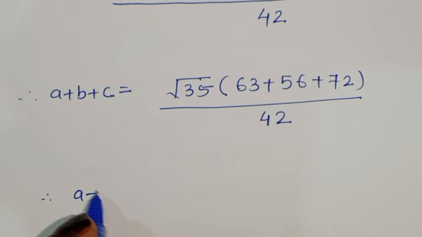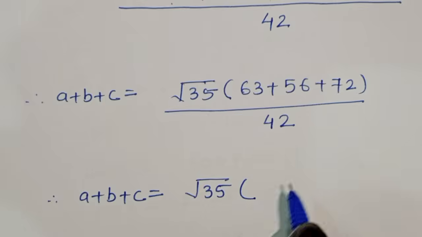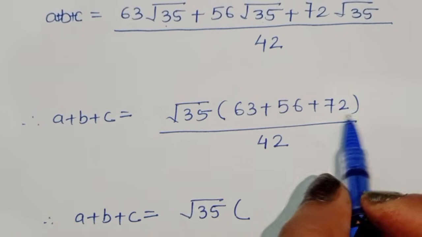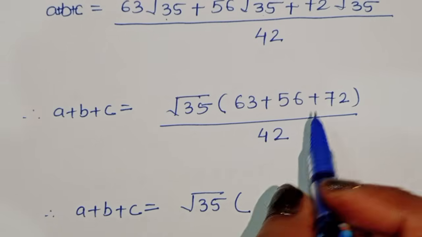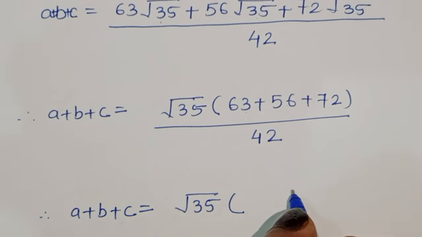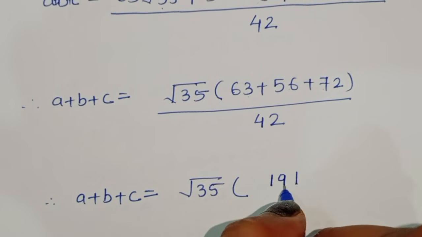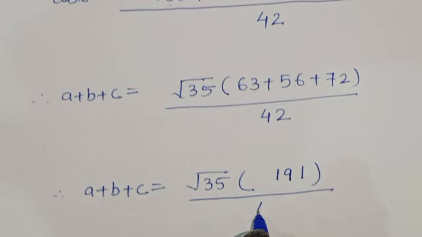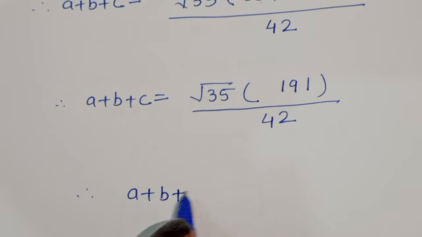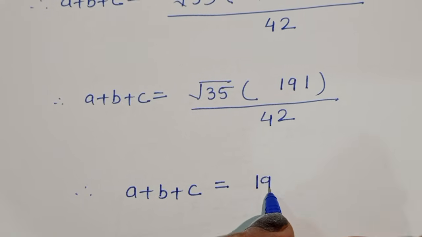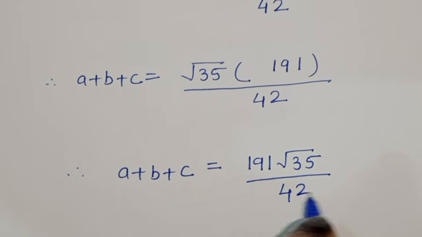Therefore A plus B plus C is equal to square root of 35 into, when we are adding this, 6 plus 2 is 8, plus 3 is 11, 1 carried, and 7 plus 5 plus 6 is 19, so 191 divided by 42. So we can say the value of A plus B plus C is equal to 191 square root of 35 divided by 42. This is the solution for this equation.